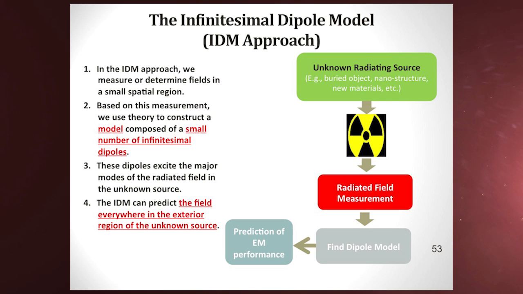The idea is you take an antenna, measure the field around the antenna or know it somehow, then develop a model of a number of infinitesimal dipoles. The moments of the dipoles, their orientation and the phase between them, you can find from an optimization scheme. And this model will actually represent the field.